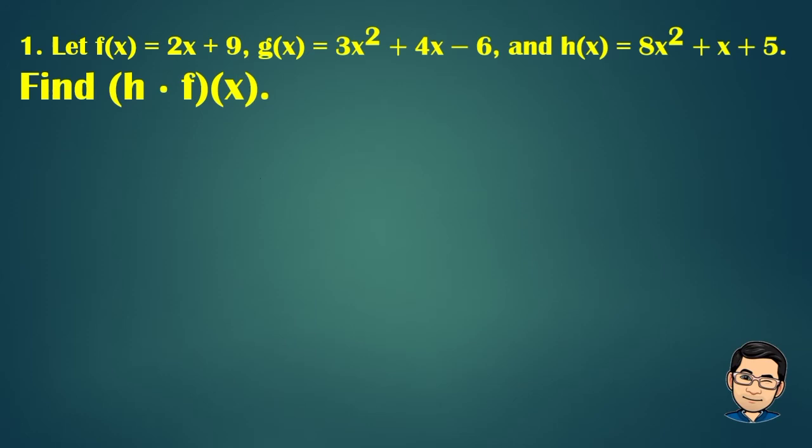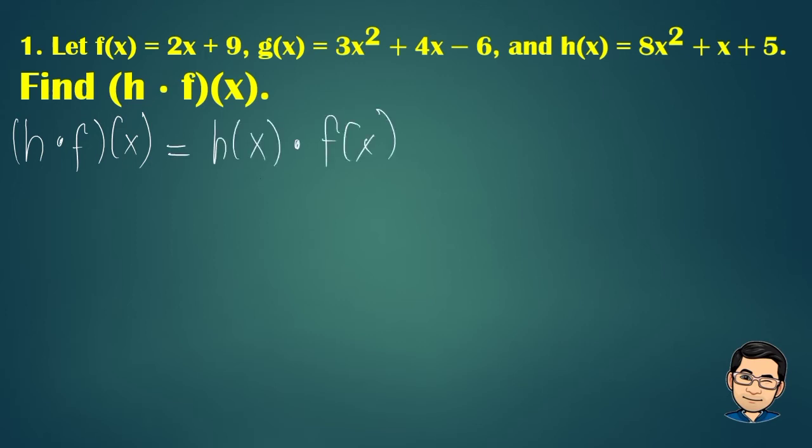h times f of x. H times f of x is equal to h of x times f of x. Okay, h of x, that is 8x squared plus x plus 5, times f of x, 2x plus 9.